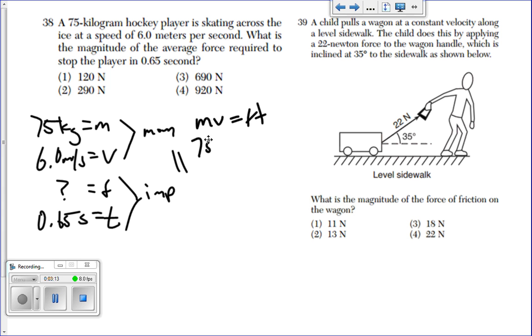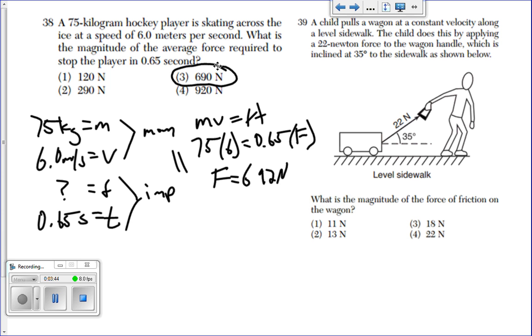We got 75 times 6 equals 0.65 times F, and you run that through the calculator. 75 times 6 equals 450. 450 divided by 0.65, F equals about 692 newtons. So there's our 692.